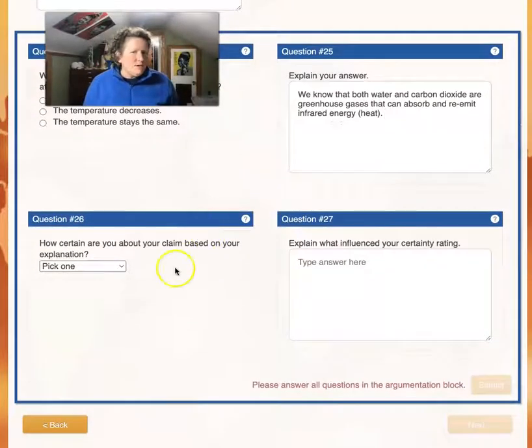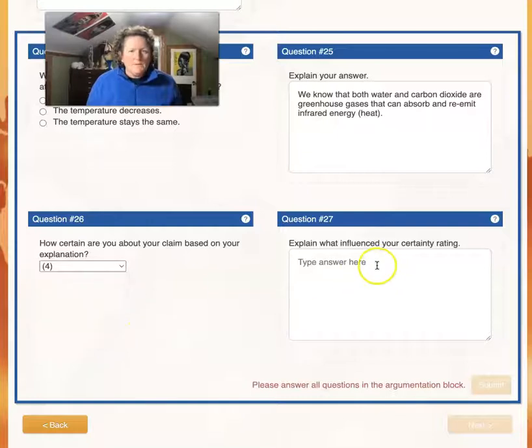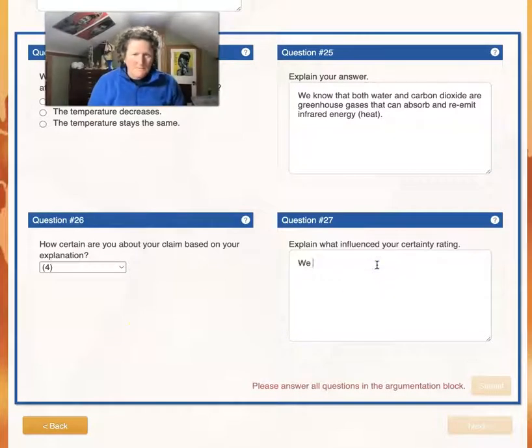How certain are we about our claim? Well, I'm pretty darn certain. We've looked at multiple models, with just CO2, carbon dioxide, and with just water vapor.